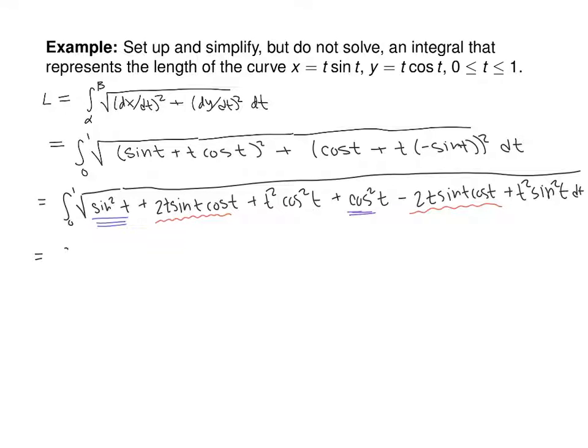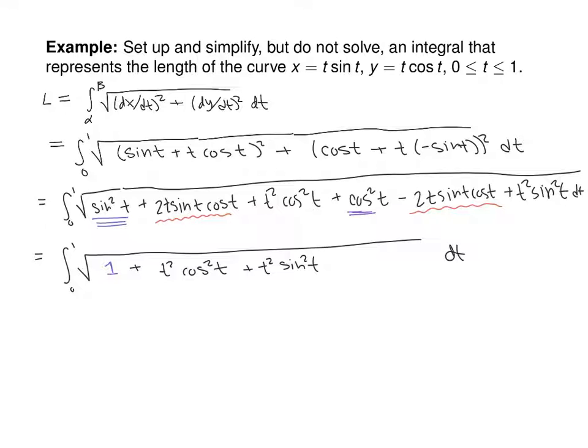We still have the integral from 0 to 1, root, and the purple things, let's write them in purple so we know where they came from. And all the rest of it, we have plus t squared cosine squared t plus t squared sine squared t dt. And you think that must simplify too.